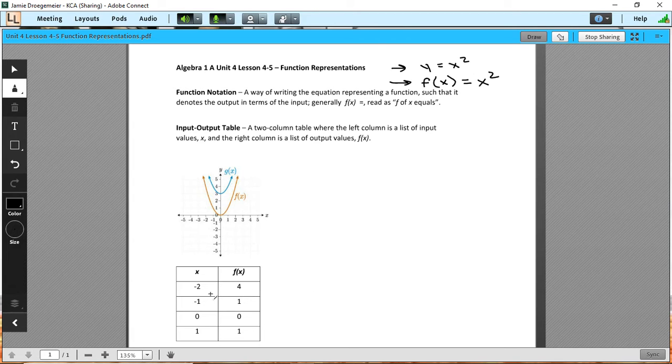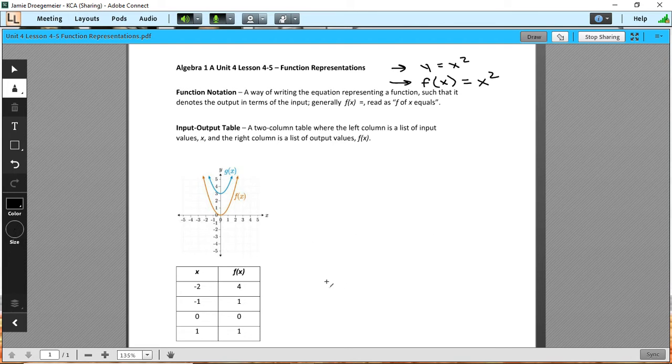We looked at this a little bit in the last lesson about determining whether something is a function or not. This would be a function if every input value that we have has exactly one output value, and that is the case here. And so we could draw a graph based off of that input-output table.